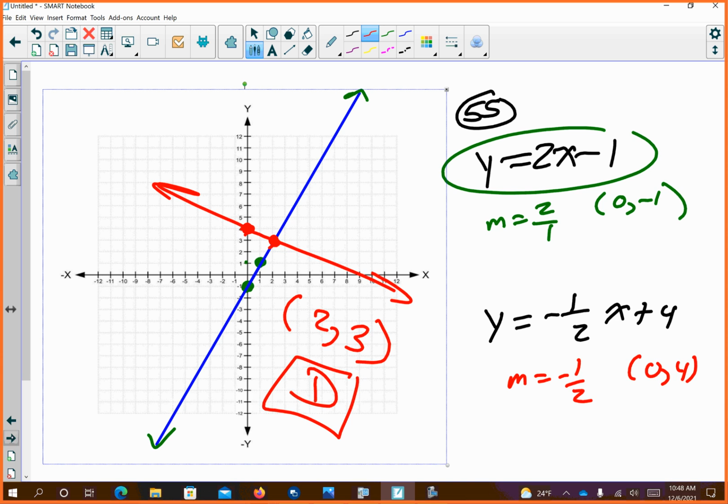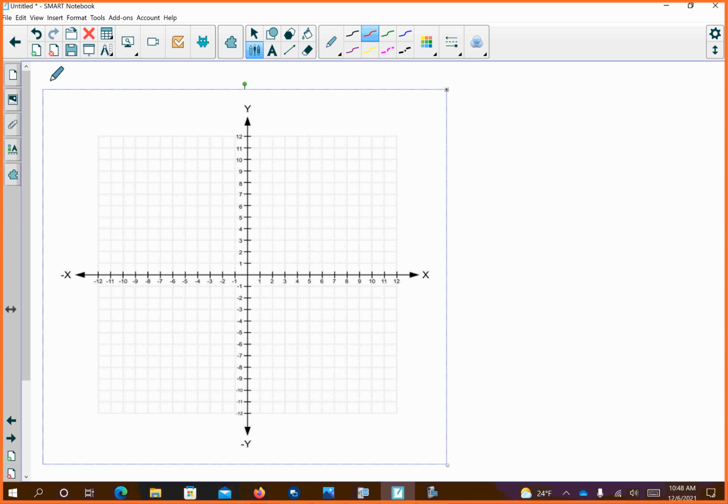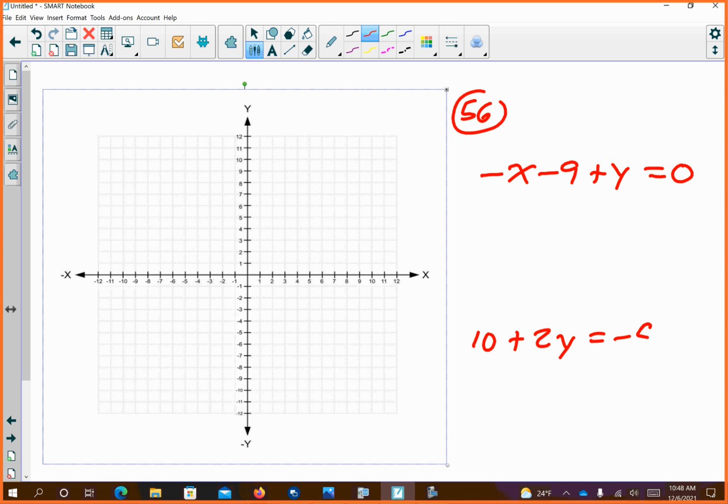Number 56. Now 56 is asking a little different than what we've seen before. So we have this. And then we have this. Okay, so these aren't really set up to graph right away. So what I would say is let's get them both equal to y.